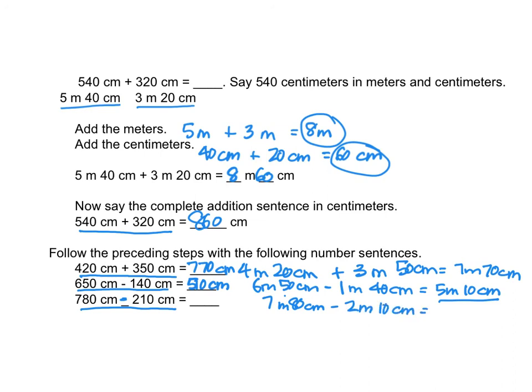So let's subtract our meters. Actually, let's start with our centimeters. 80 centimeters minus 10 centimeters is 70 centimeters. And 7 meters minus 2 meters is 5 meters. So we're going to put it back into centimeters, just like we've done with all of them. 780 centimeters minus 210 centimeters equals 570 centimeters.